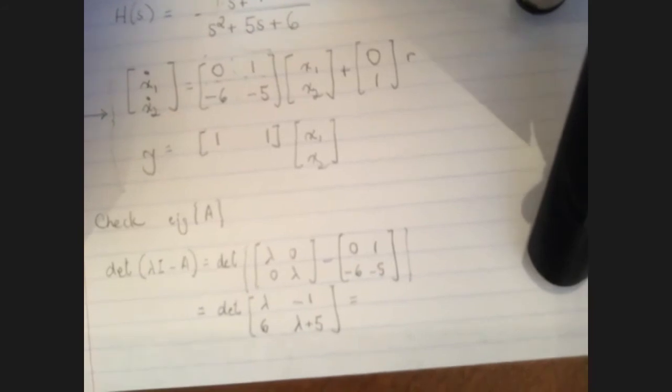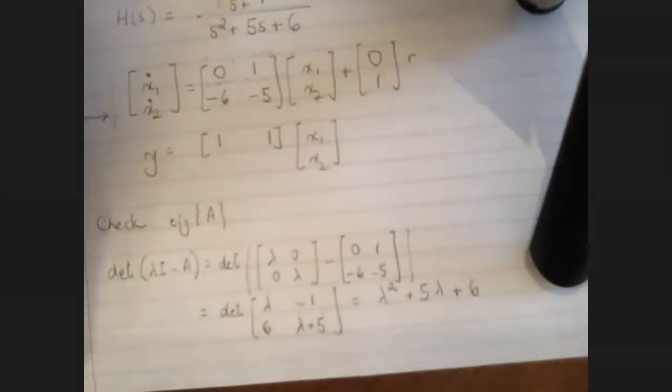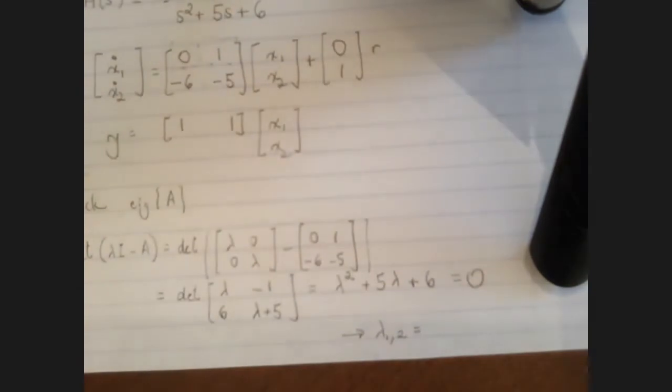And you would do this times this minus this times this, and you end up with lambda squared plus 5 lambda, then minus -6 or plus 6. You would set that equal to 0. From there, you get your lambda 1 and 2. So you would factor that out.